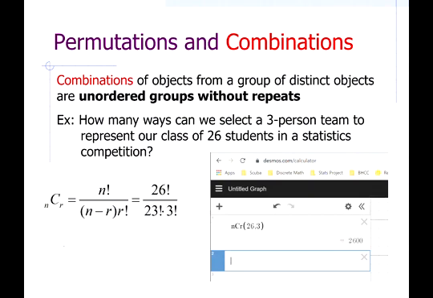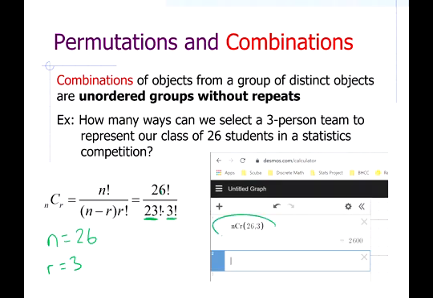Okay, so in this case, the n is the 26, the r is the 3, and so we have 26 factorial divided by 26 minus 3 factorial, that gives us 23, times 3 factorial.